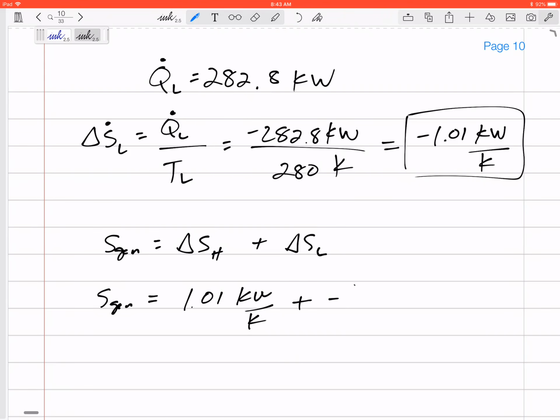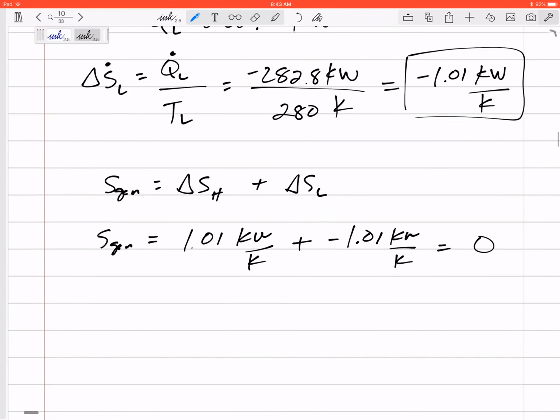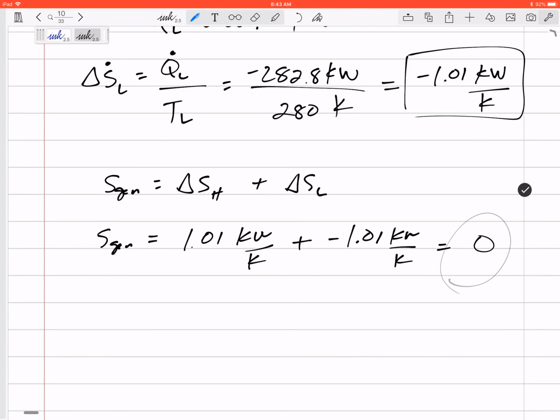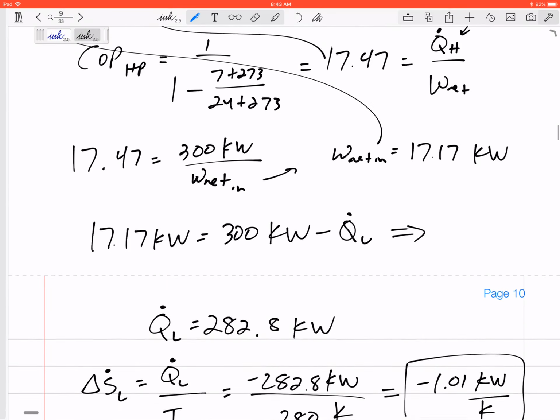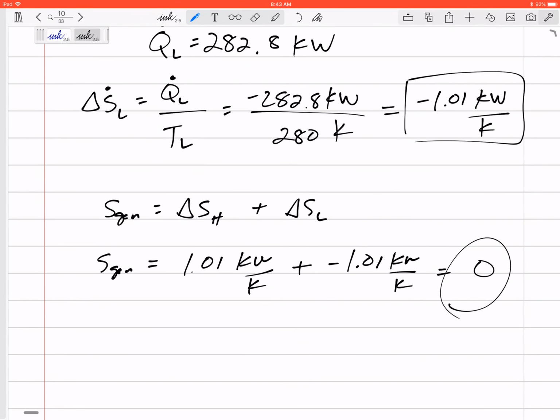The S gen of the air is negative 1.01 kilowatts per Kelvin. And so this does equal 0, which is what it should have done if it is a reversible process. And so this was a reversible heat pump. So it is true, and we calculated it correctly, that the entropy change of the house plus entropy change of the outside air should have, and it does, add up to 0.